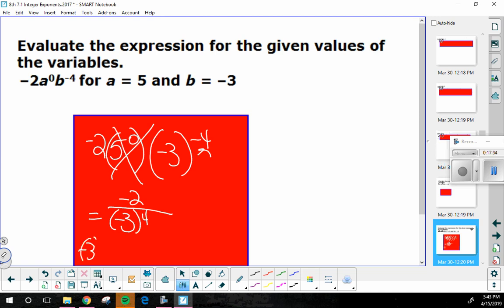Negative 3 times negative 3 times negative 3 times negative 3 is what? It's 81. What kind of 81? Positive or negative? Negative times negative times negative times negative is a positive 81. So this just stays the same. So my answer is negative 2 over 81.